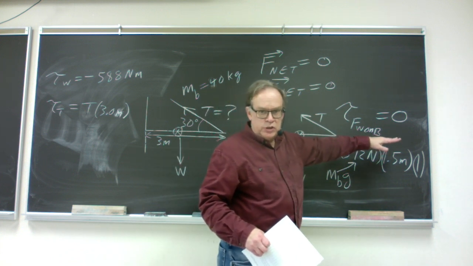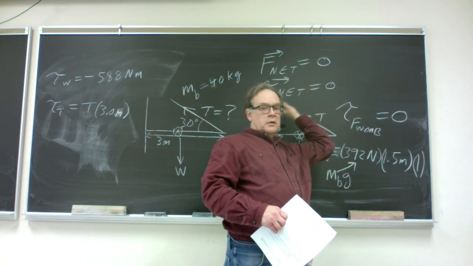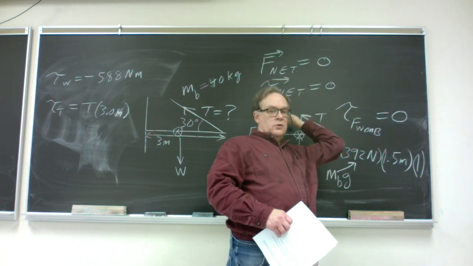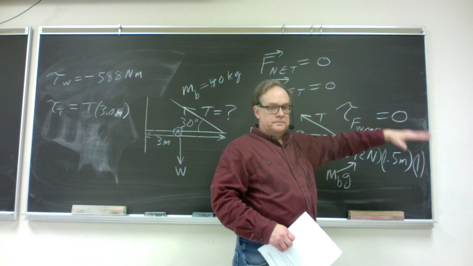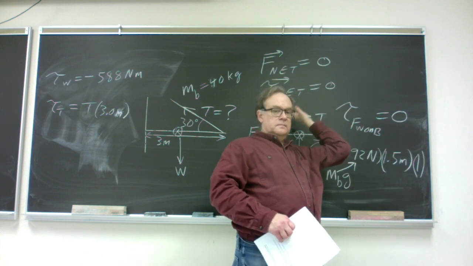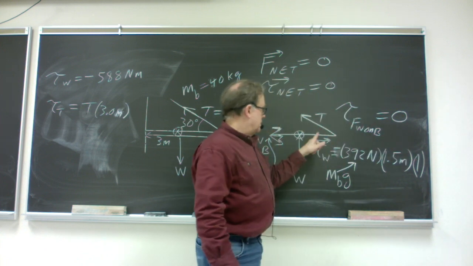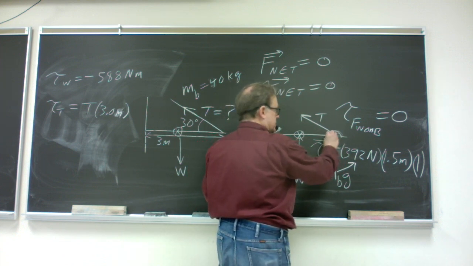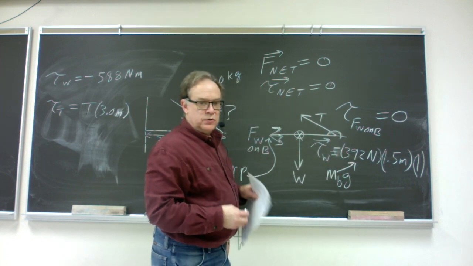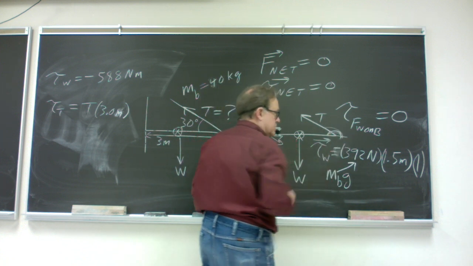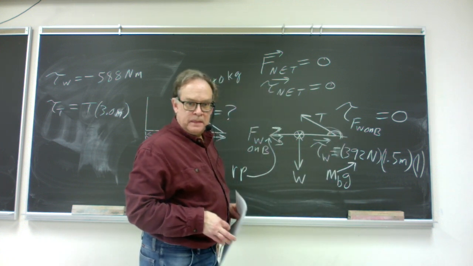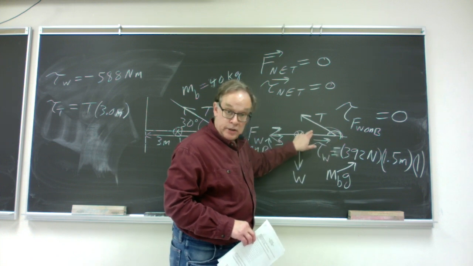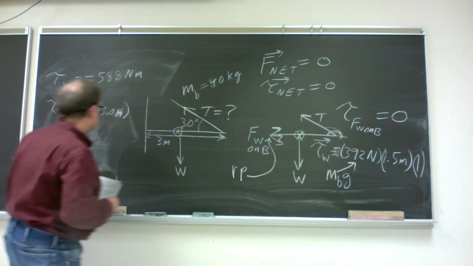So the angle between displacement direction and force direction is all that angle. And from here to here, of course, is 180 degrees. So the angle between displacement and force is 180 minus 30, 150.